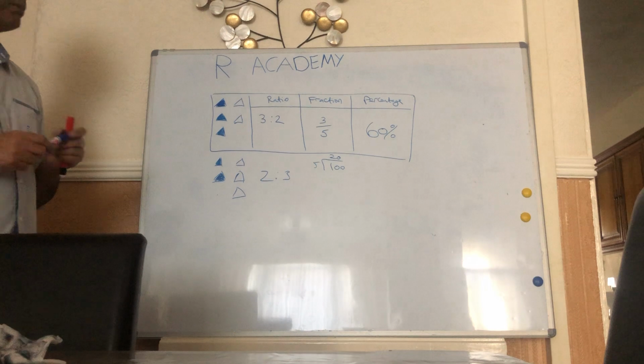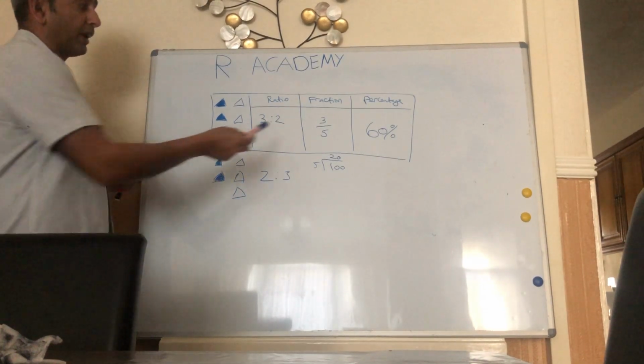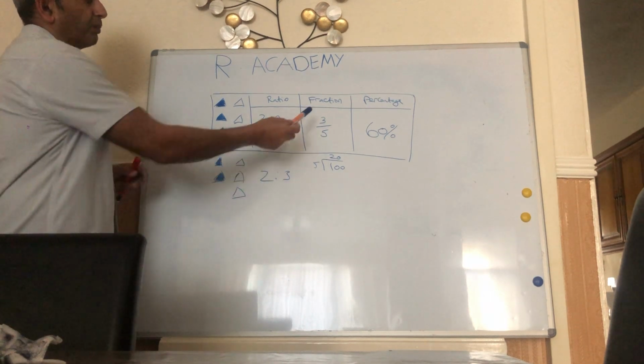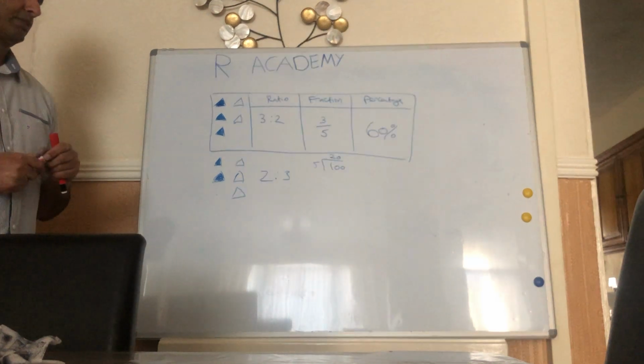So in other words, if the bottom one was represented as £1, which is 100 pence, then the top one would be represented as 60 pence, which is 3 times 20 pence.